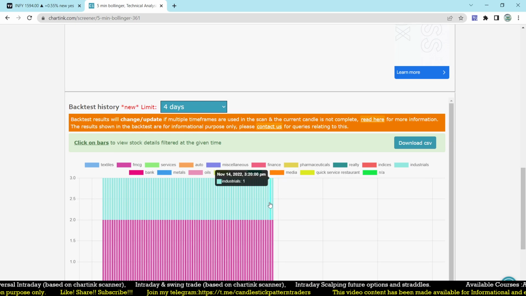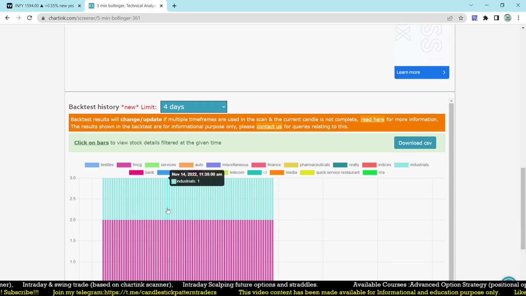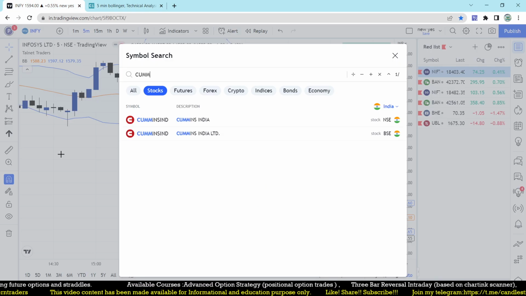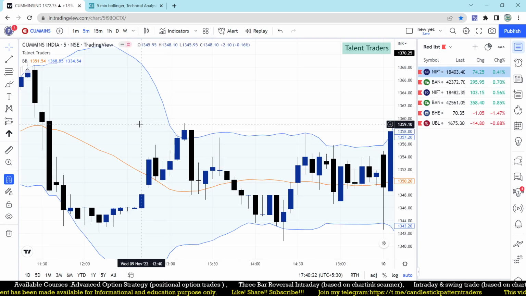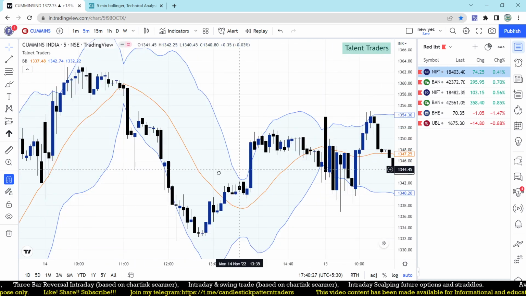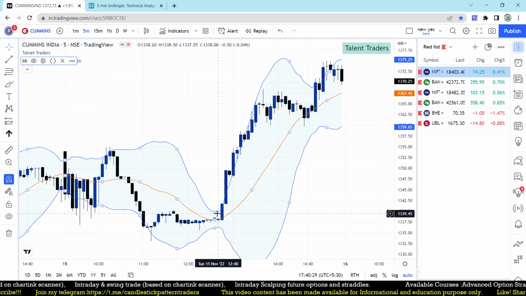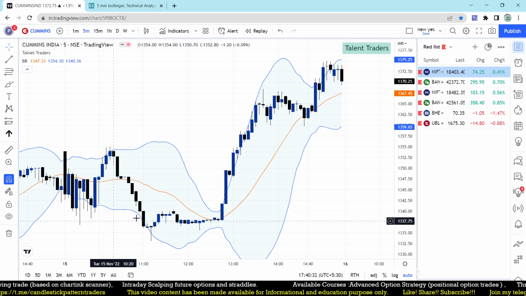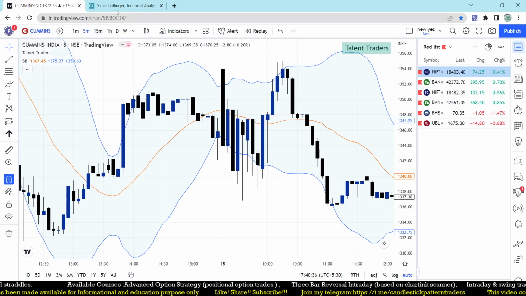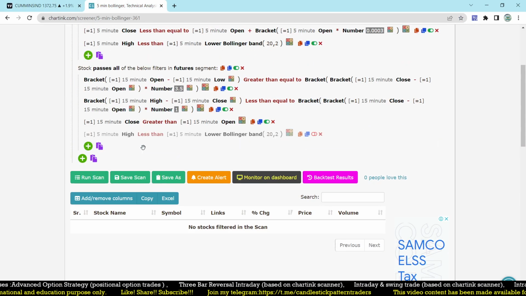Put in the number. 5 minutes time, breakout kind of, greater than hammer. Is there any mistake here?